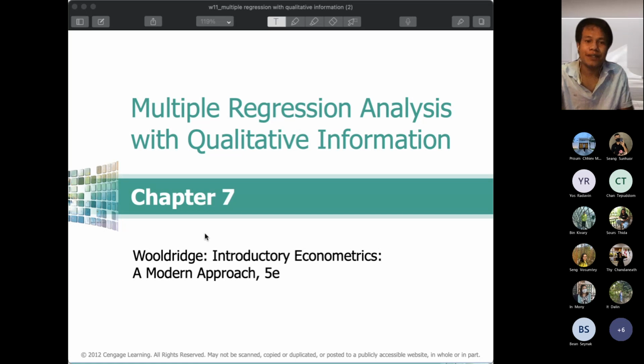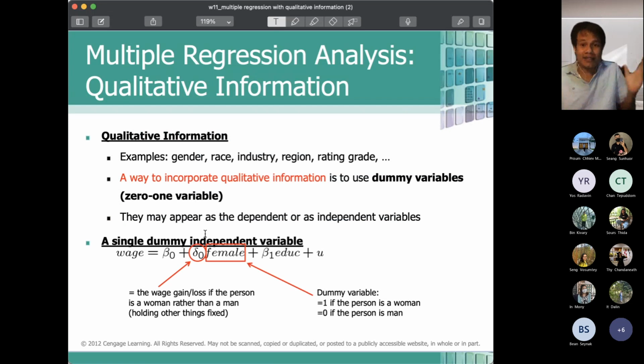All right. So let me move next to multiple regression analysis with qualitative information. So, guys, in the last 4 or 5 weeks, we only looked at cases where both dependent and independent variables are numerical.